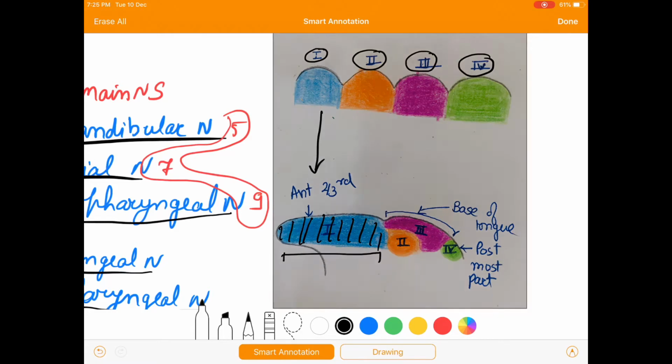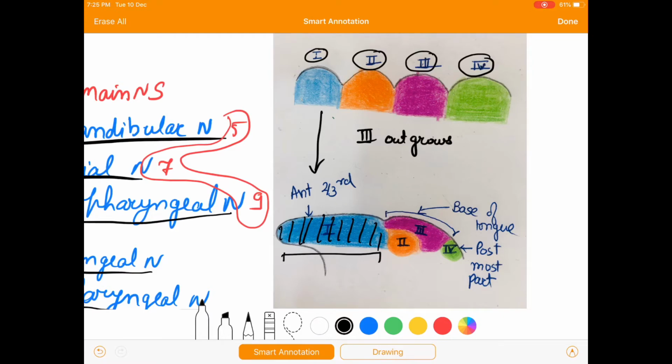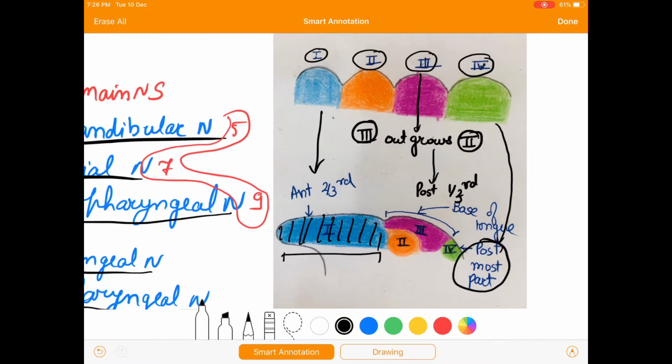Now the third arch outgrows the second, and it forms the posterior 1/3 of the tongue. The fourth arch gives rise to the posterior most part of the tongue.